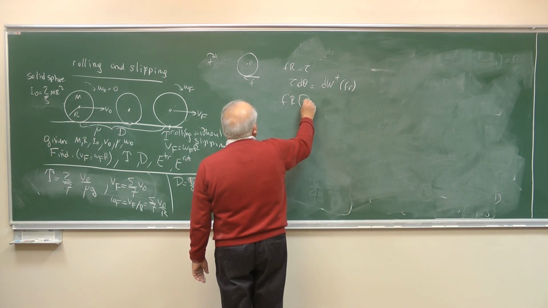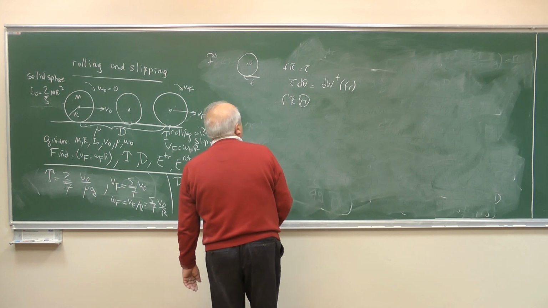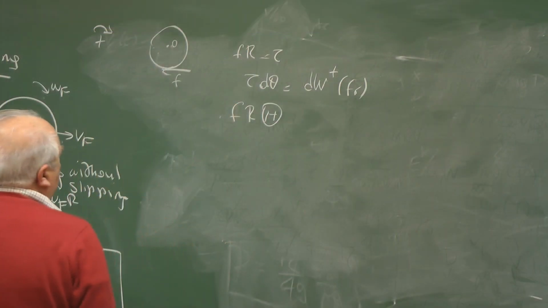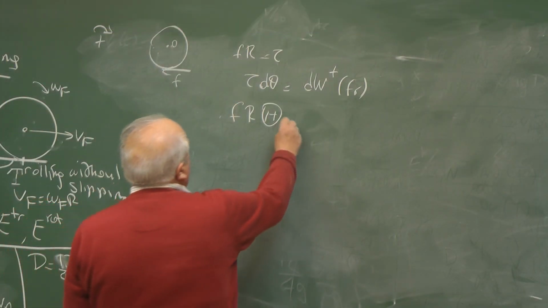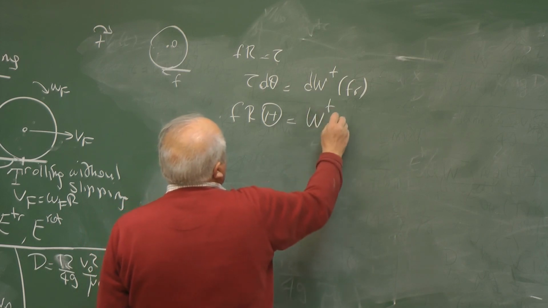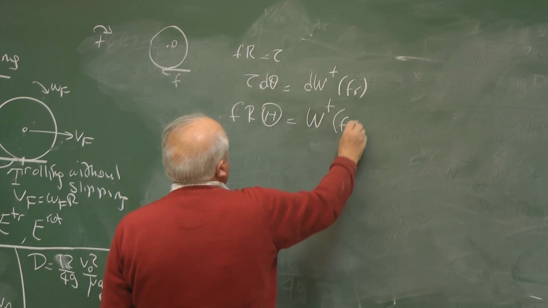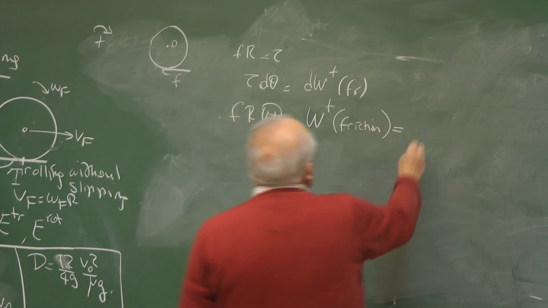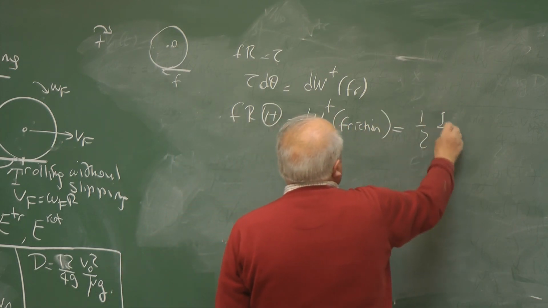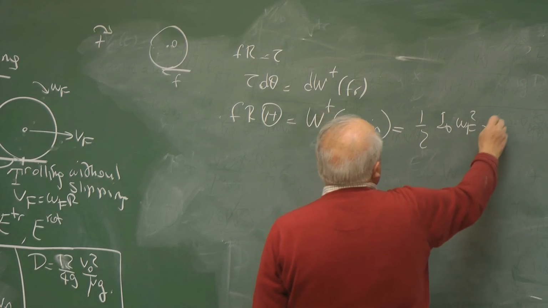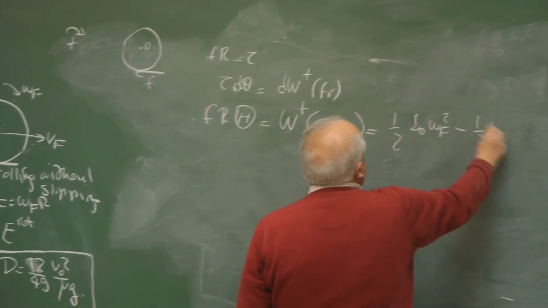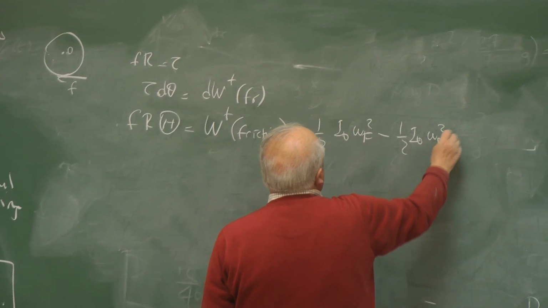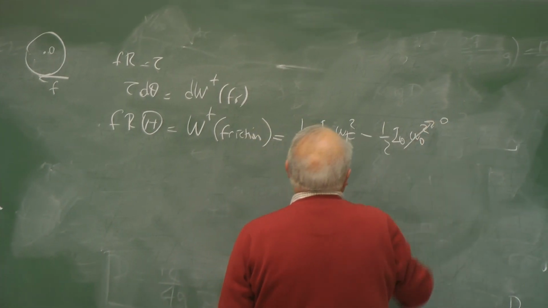So Fr theta is omega plus friction, and we know what this is. This is 1/2 I_O omega f square minus 1/2 I_O omega 0 square. Omega 0 was 0, so this is 0.